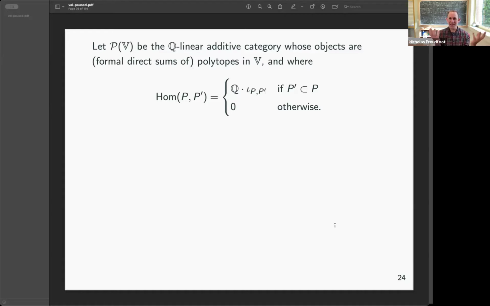Well, I want it to be a Q-linear category. So the homomorphism is going to be a Q vector space. And if P prime is contained in P, then I want there to be a one-dimensional space of homomorphisms from P to P prime. So there's sort of a distinguished one, which I'm going to call iota P, P prime. And if P prime is not contained in P, I want to have no homomorphisms from P to P prime.